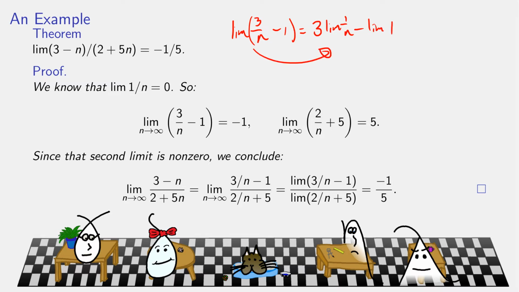Because in order to distribute the limit across that difference and factor out the constant, you need to know that the limits already exist. And until you get to this stage here, you don't actually know that the individual limits exist. But if you start here, since you know those limits exist, then you can factor the limit out and go that way quite directly. It seems like a silly distinction, but it's really a matter of only doing steps once you know they are justified.